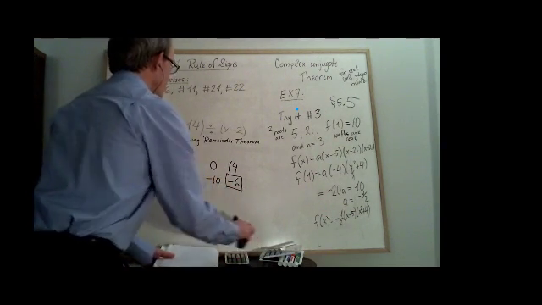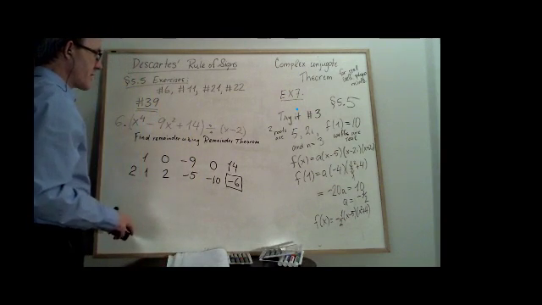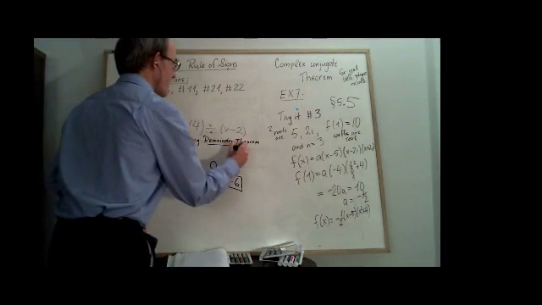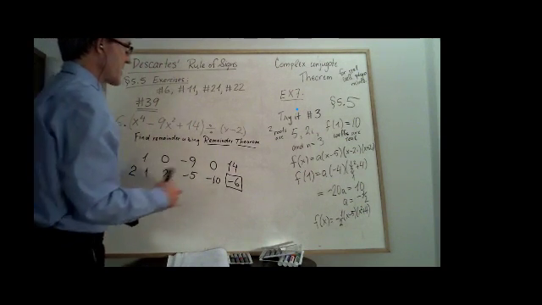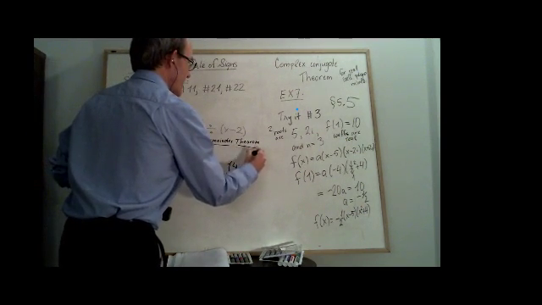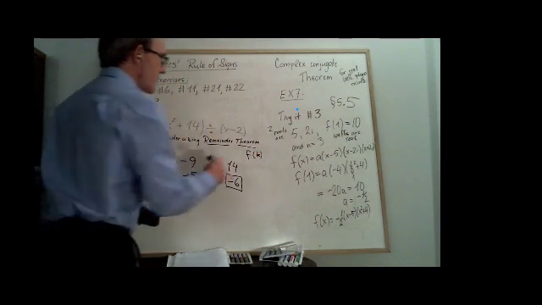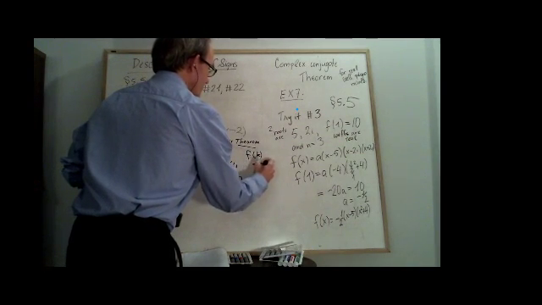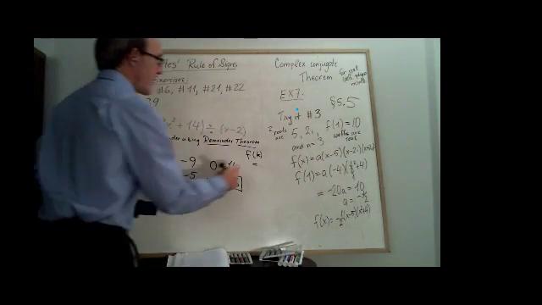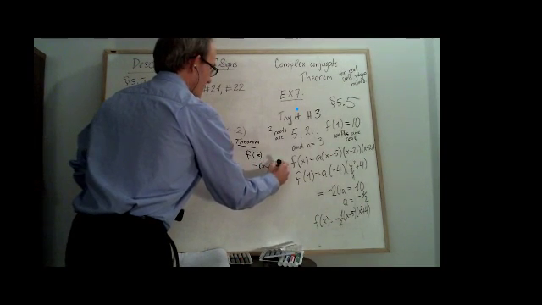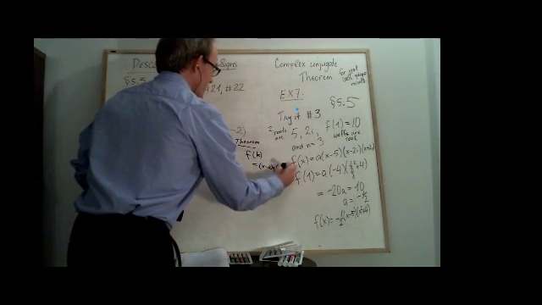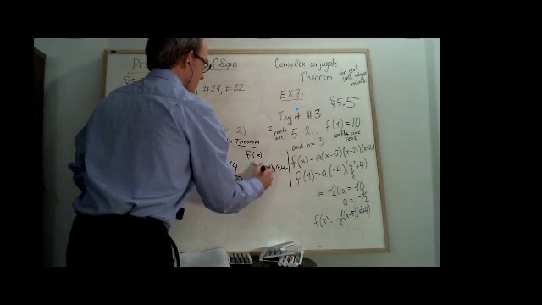Okay, so that's a very straightforward application of the remainder theorem. Remember, it says that evaluating the polynomial at a real number k is equivalent to first dividing the polynomial by x minus k, getting a quotient and a remainder.